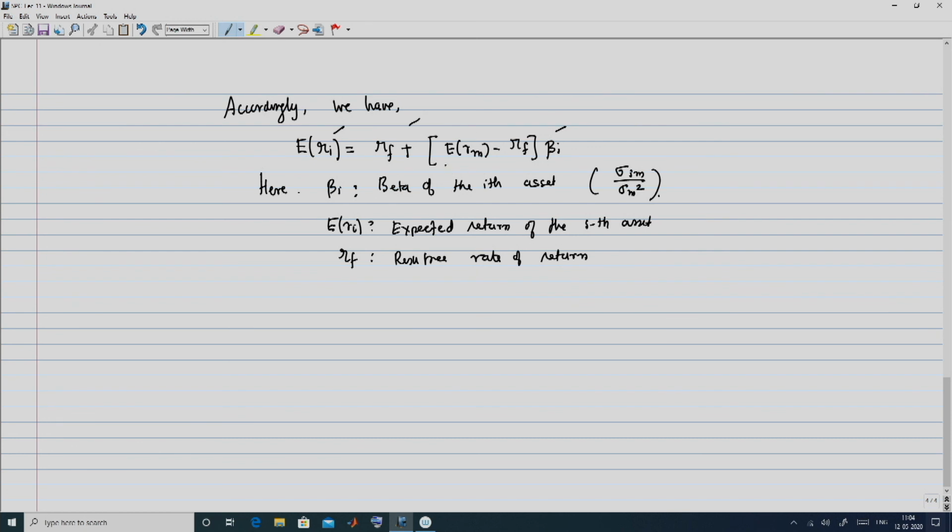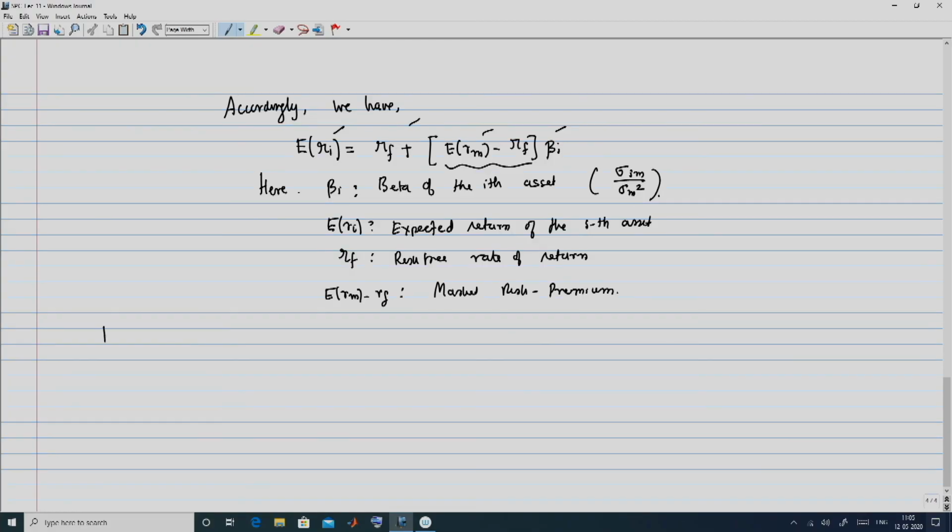and the remaining term, ERM minus RF, is what is known as the market risk premium. This means that it is the additional amount of money that you make over the risk free rate RF as a result of your decision to invest in the market portfolio as compared to the risk free asset.